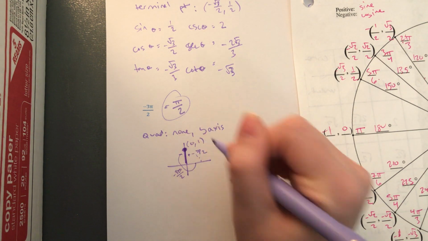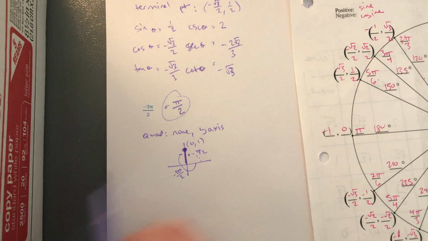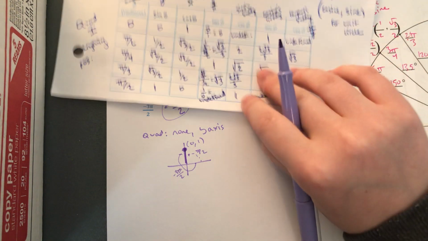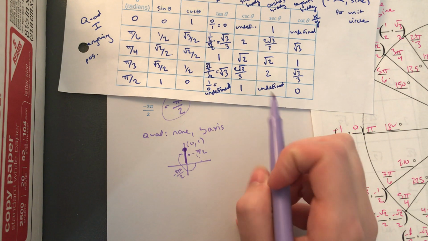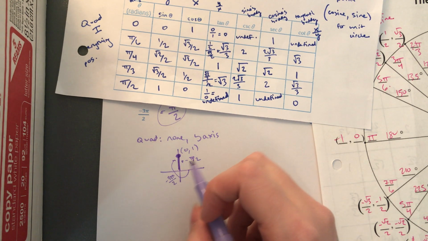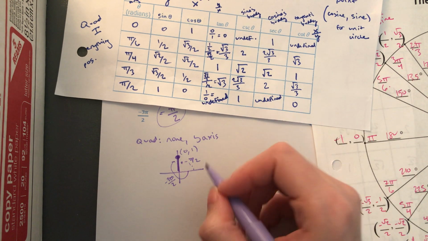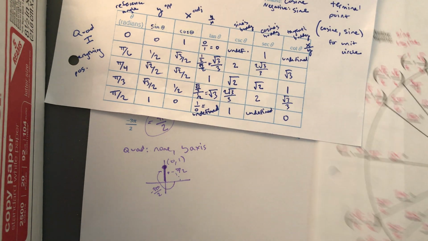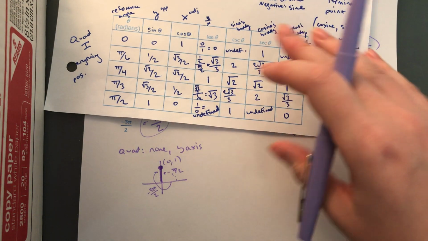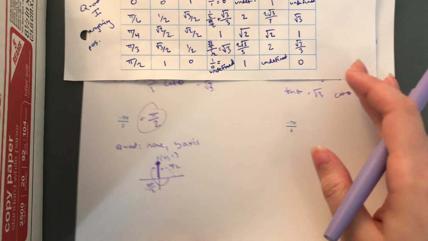It's 0, 1. And all the values for this are on your chart. So if you need the trig values for pi over 2, they're all here. The reference angle is pi over 2. All right, I'm not going to do the trig for all of them. They're literally on your chart. Hopefully you guys are starting to get used to using your chart as a tool, or at least using mine if you don't have a printer or something.